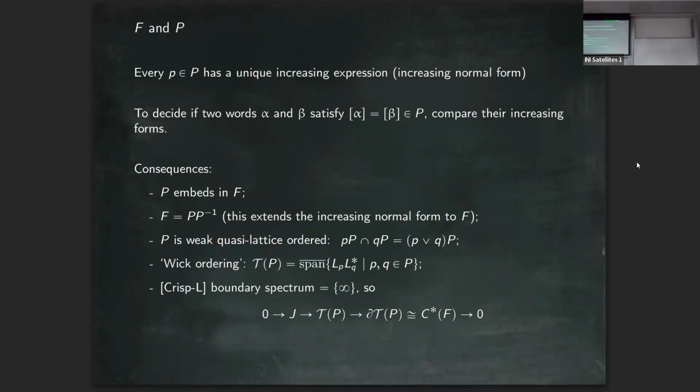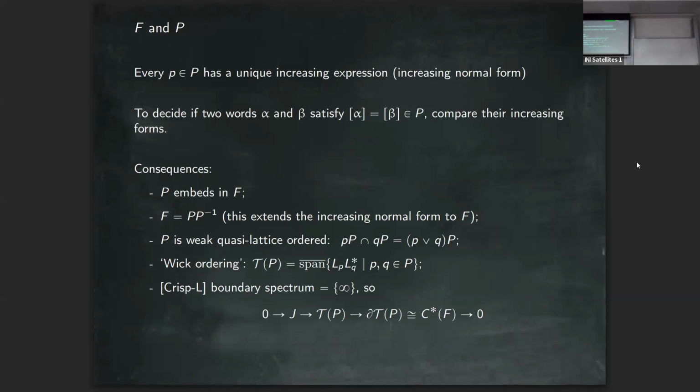Anyway, to decide whether two words define the same element, there's a way of reducing the words, and it's called increasing index normal form. This is well known. What it does is it just removes all the inversions. Whenever you have an inversion, you remove it. At the end, you have increasing indices in the word, and that's your normal form.